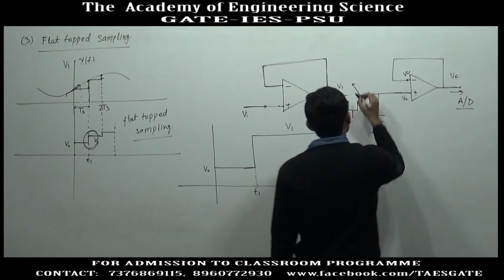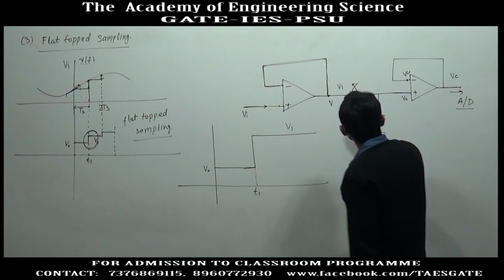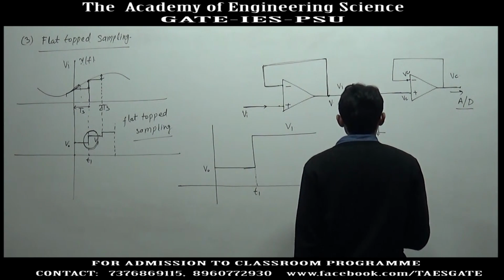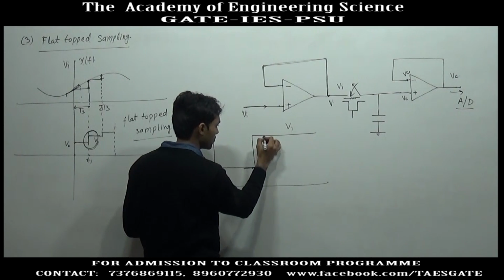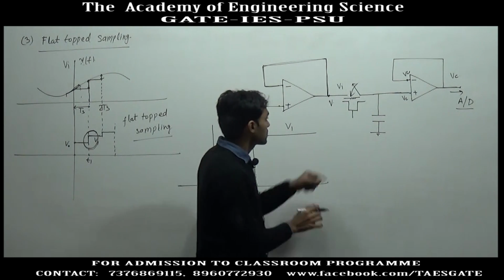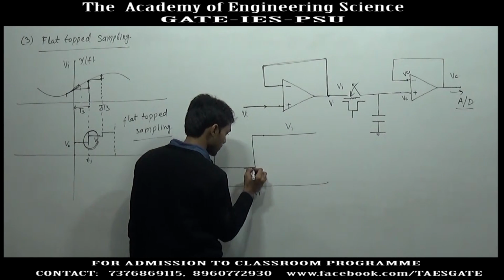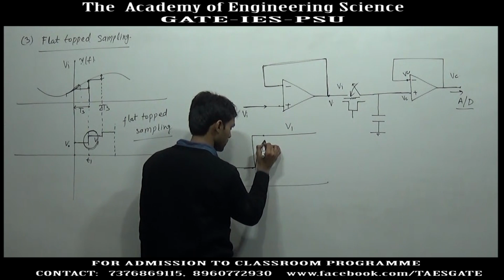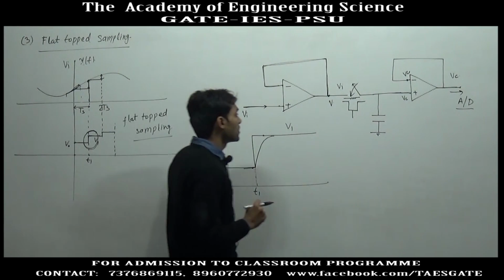Now, suppose at T1 the switch is closed, and suppose the switch has some resistance R. So, now the capacitor voltage will try to change from V0 to V1, but because it has some resistance R, it will have some time constant, and the capacitor voltage will now grow like this. It will make a first order RC circuit.